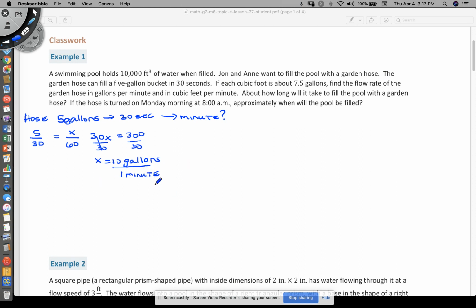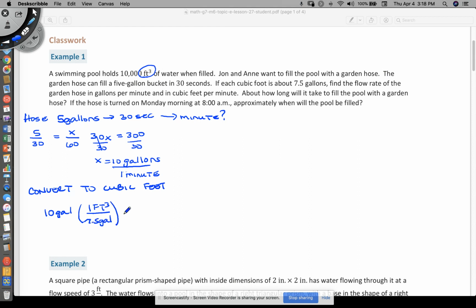Now, if we want to convert this to cubic feet, because again, this is talking about cubic feet here, it's not in gallons, it's in cubic feet. So I need to convert again. So we're going to convert to cubic feet. When I convert to cubic feet, I'm going to say 10 gallons times 1 cubic foot is equal to 7.5 gallons.